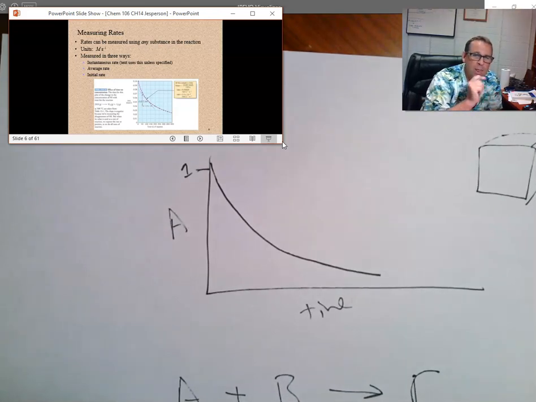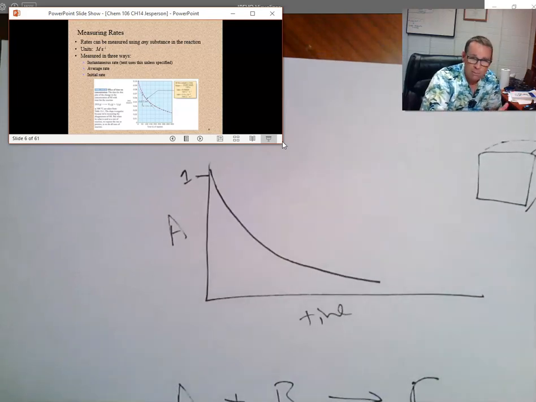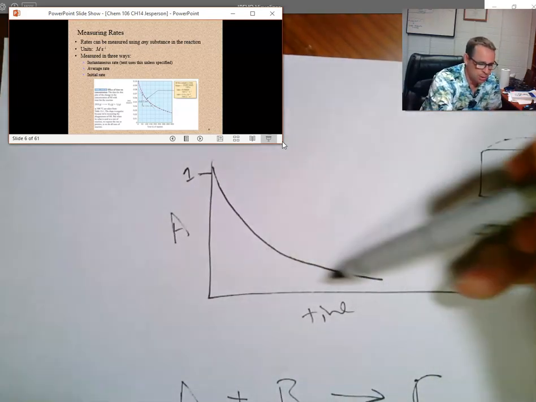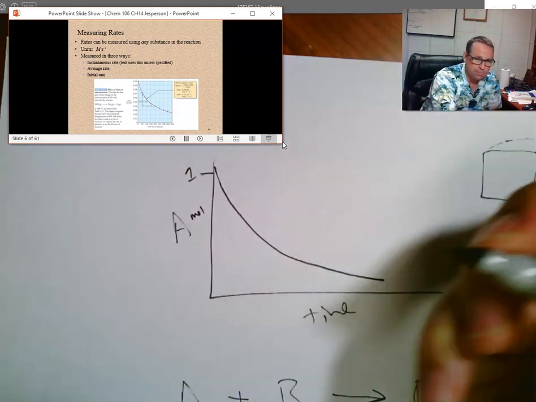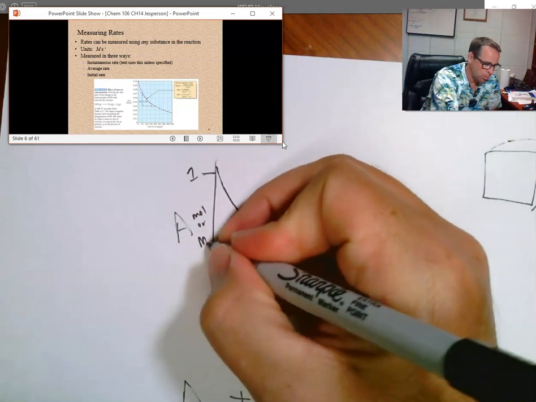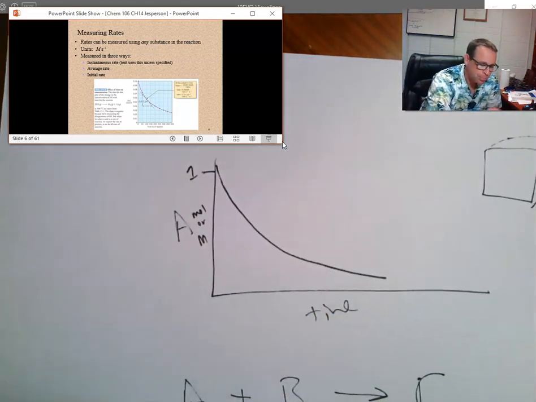The moles and molarity won't be the exact same number, but the shape of this graph will look the same versus time.